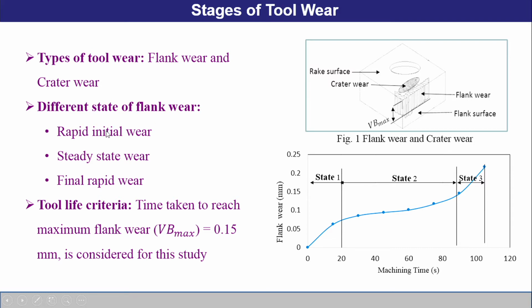This value depends upon the quality of product you want. If you want a very high quality product, then VB max may be 0.3 also, or 0.15. Once this is crossed, you need to change the tool.